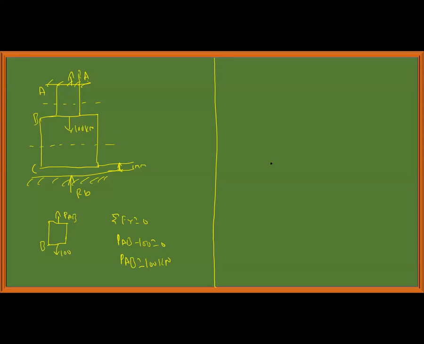Then I'll write, give me a moment. PAB is equal to 100 kilonewton.